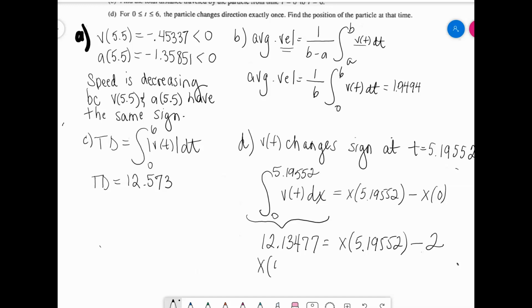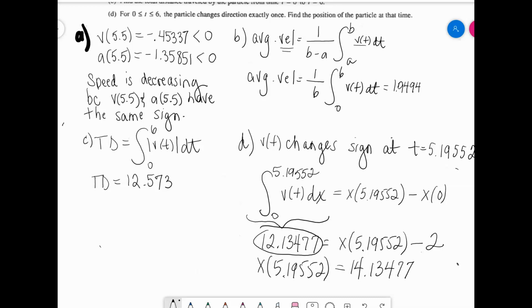So our position at the time where it changed direction is going to be the displacement plus that 2. So 14.13477, or you can round it to 14.135. All right, so there you have it.